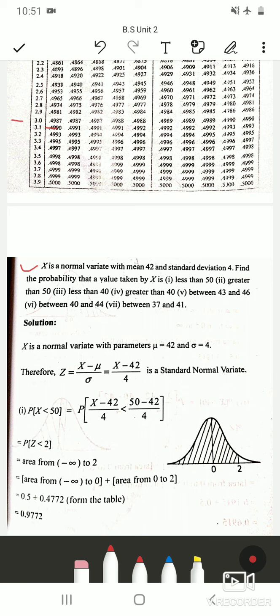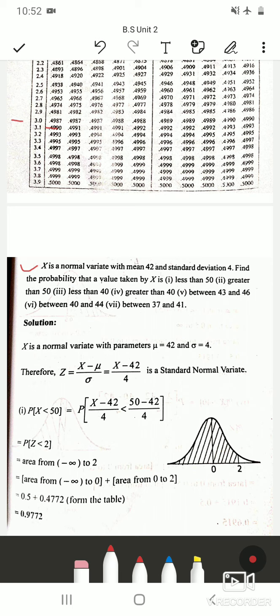Where such problems are used: suppose you want to select a few cadets for NCC and there is a restriction, the height should be say less than 160 centimeters, or the weight should not exceed 80 kgs. In such cases we will be using normal distributions. I mean, it can be used.